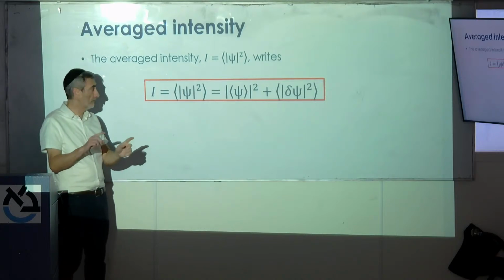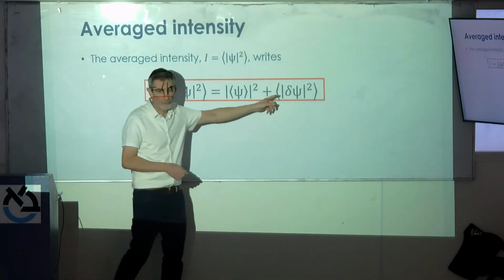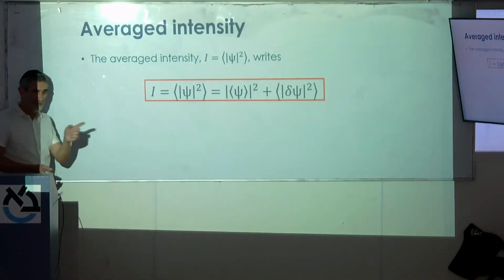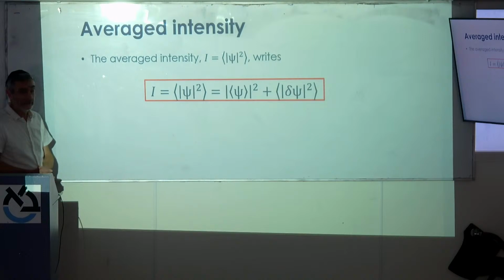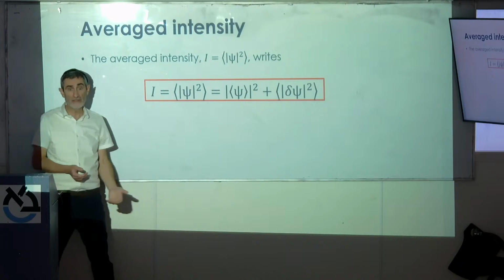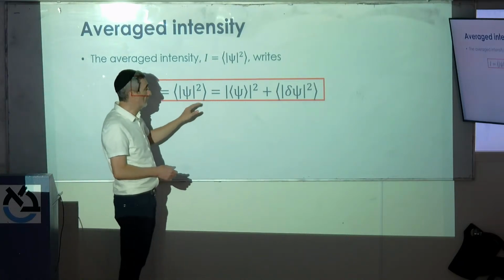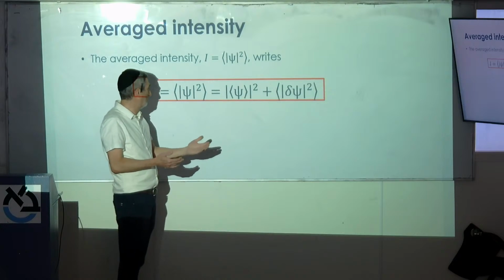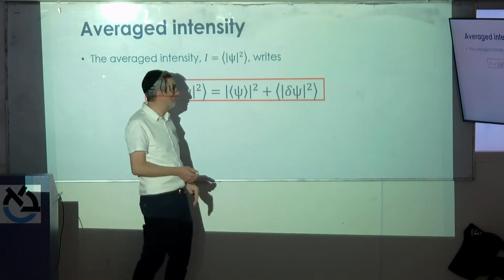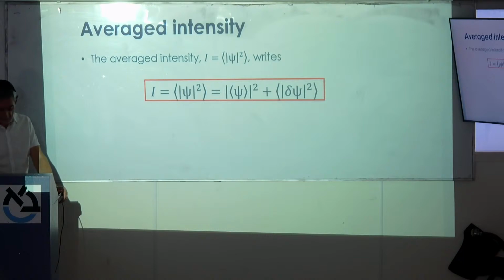So you have the first term squared, the last term squared, and the intermediate terms, the cross terms, disappear because they have delta psi, which is on average 0. So that's just the square of a plus b, but the cross term disappears because delta psi is equal to 0 on average, and you end up with these two terms.